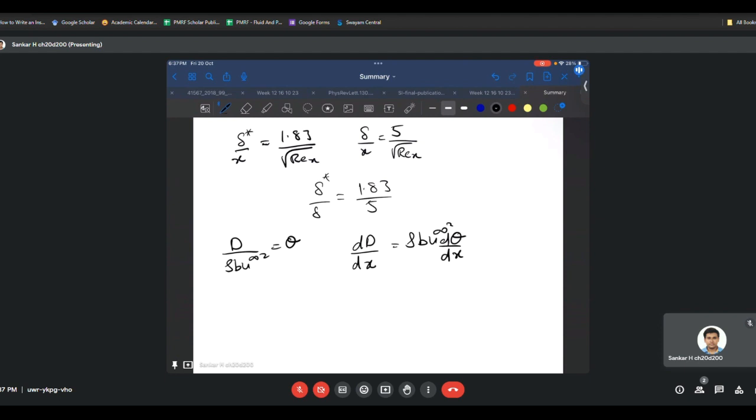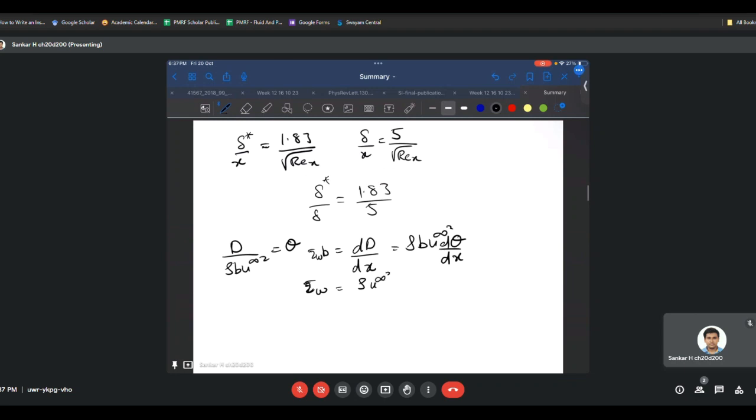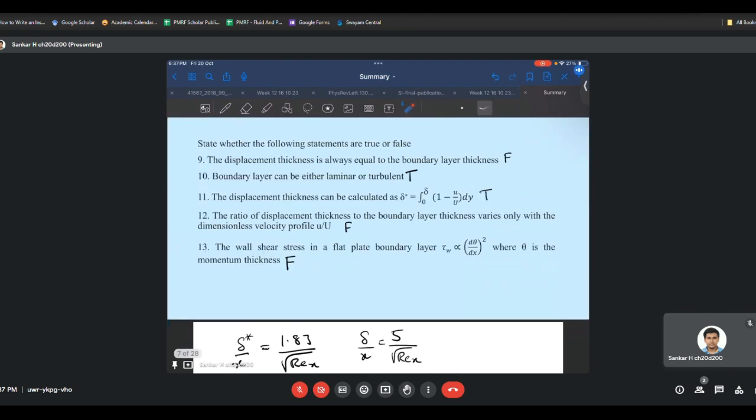And we said that dD by dx is in fact the shear stress at the wall times the width. Therefore, we can find the shear stress at the wall to be equal to rho u infinity square times d theta by dx. So what we are seeing is tau w is proportional to d theta by dx. So this square is incorrect.